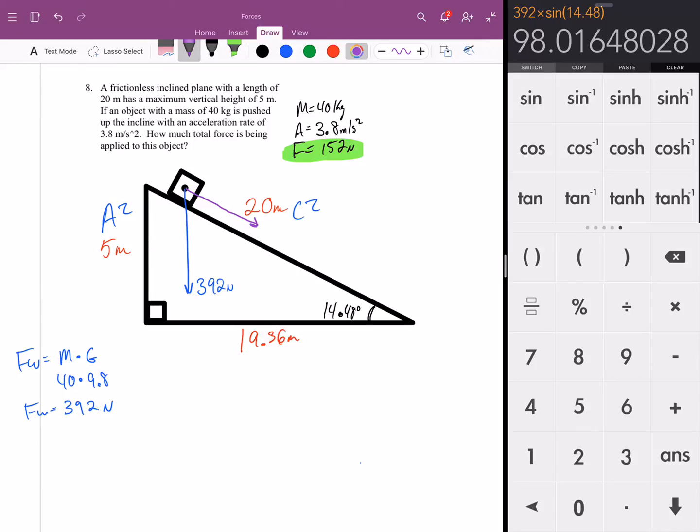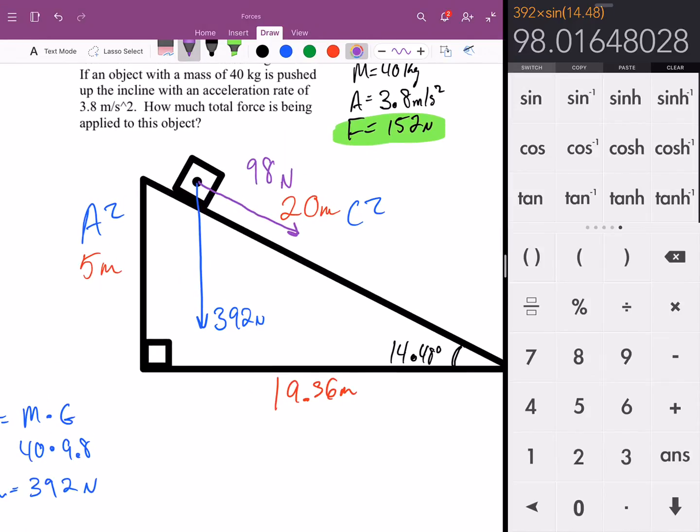You have an applied force of 98, let's just call it 98 newtons. So let's erase some information right here. Bring it back to a free body diagram.